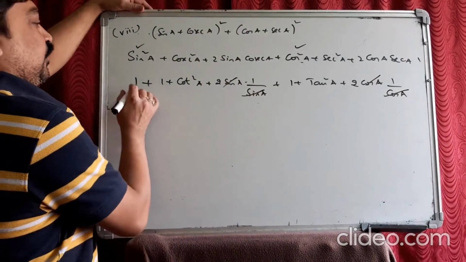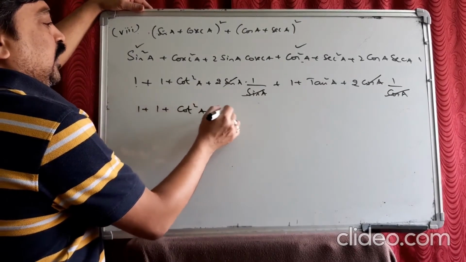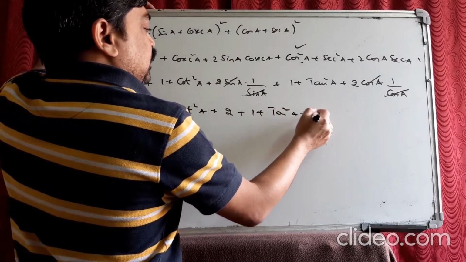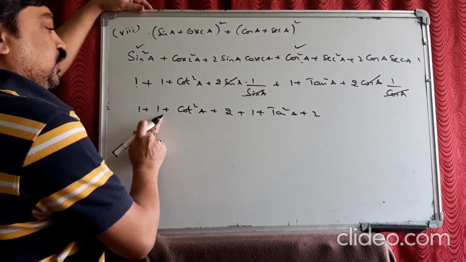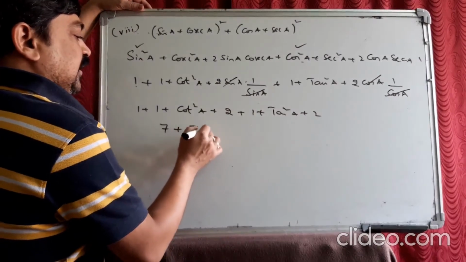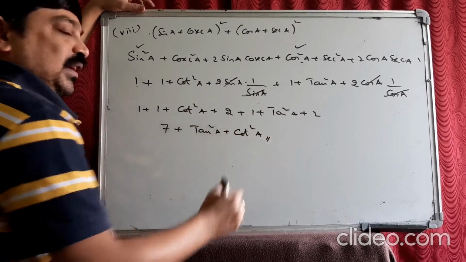So what is left? 1 plus 1 plus cot square A plus 2, 1 plus tan square A plus 2. 1 plus 1 is 2, 2 plus 2 is 4, plus 1 is 5, plus 2 is 7. 7 plus tan square A plus cot square A. Okay?